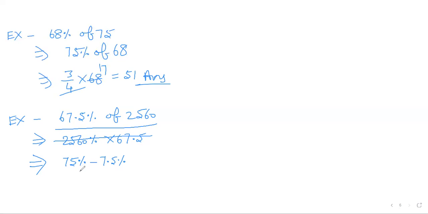Obviously. Without any further calculation, we can write it like this. So 75% is 3 by 4. Then 7.5% is what? Because there is a decimal before the unit place digit.